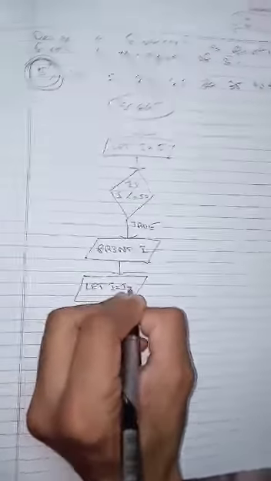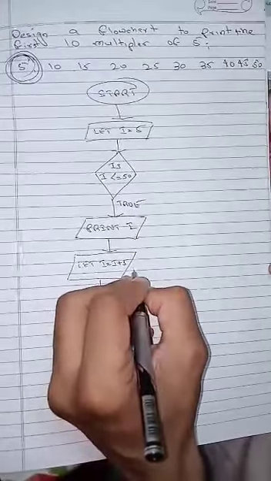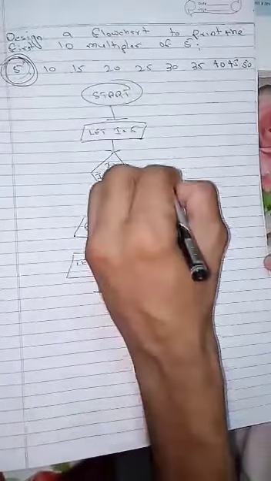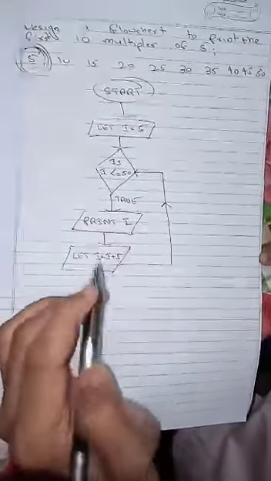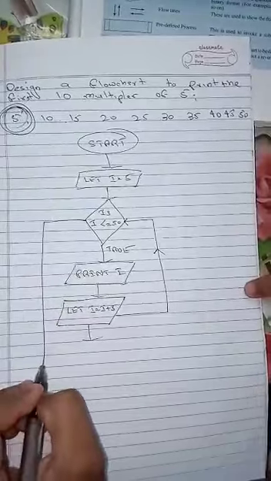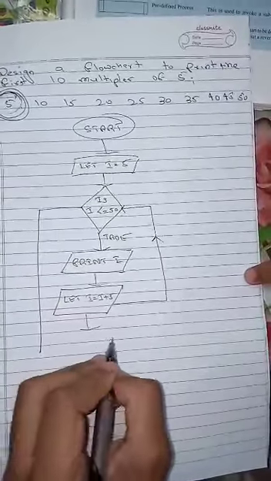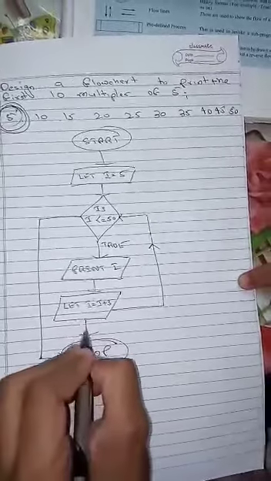So let I equal to I plus 5, and then I will connect this with the condition again. This process will keep on going until the value becomes more than 50, and if the condition is false, then automatically it will get terminated. So out here I'll write stop and I'll terminate the problem.